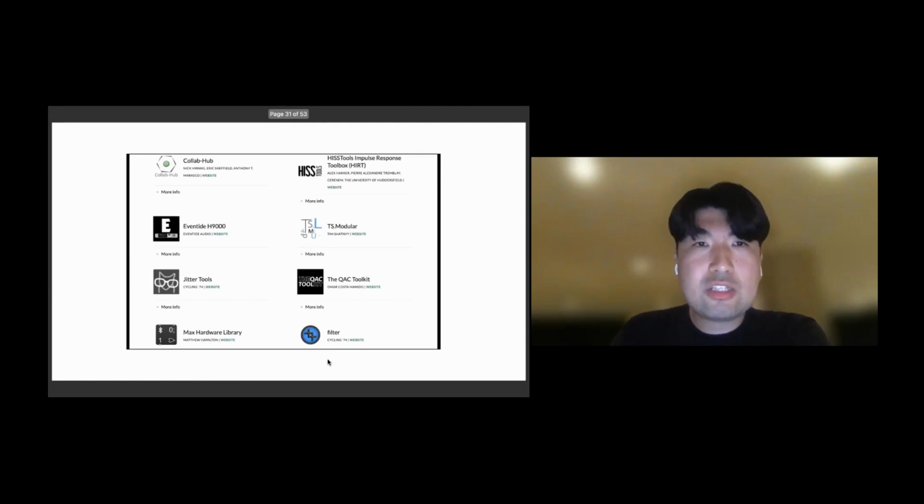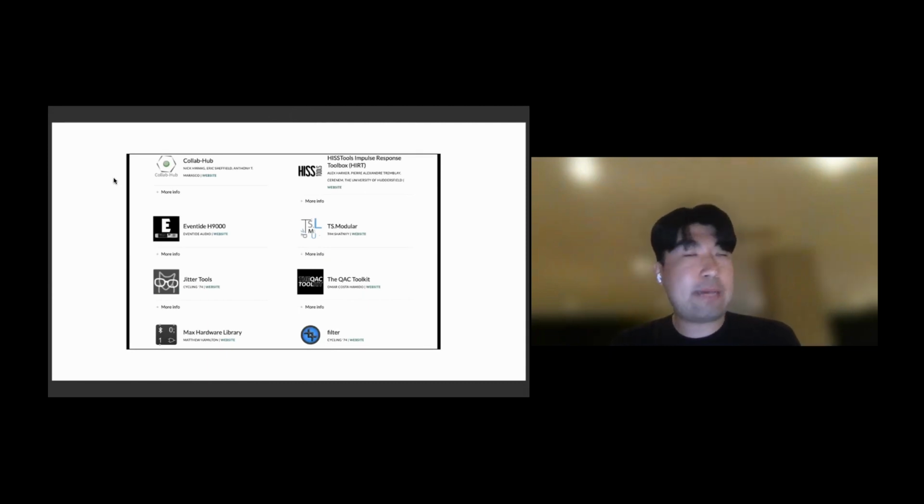But the more critical part I want to emphasize is, as I mentioned before, the lower-level section where system builders work through source code or SDK package development. For example, in Max, there are various packages created by individuals or institutes, including the Center for Research in New Music in Huddersfield.